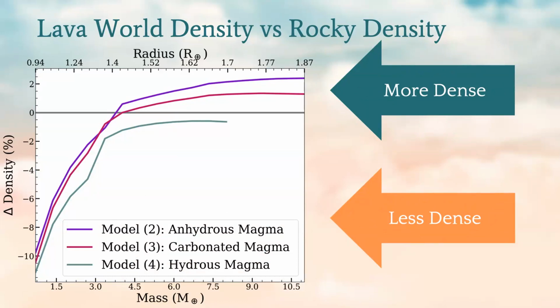And for this module that has hydrous magma, since water is not compressible, you get some interesting things once you start pushing past this mass limit, which require more dynamic modeling than we included in our model. So we were only able to look at that particular mass.